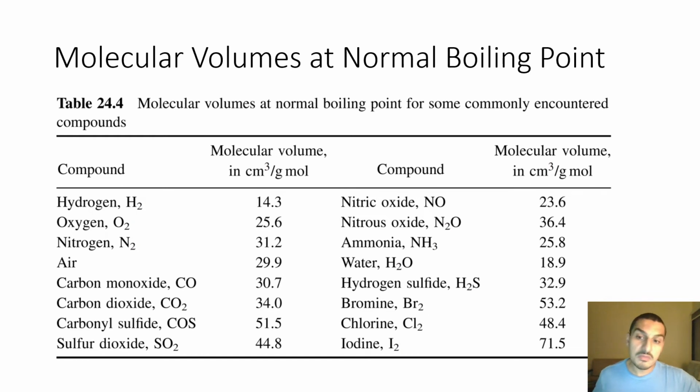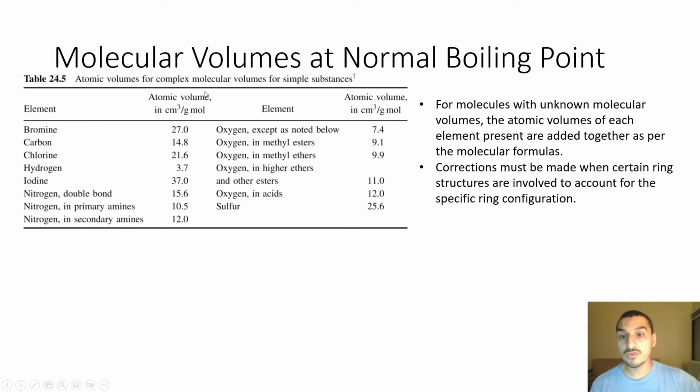So maybe you have a compound that is not listed in this table. If this is the case, you can estimate the molecular volume using the atomic volumes of the elements that form this molecule. So let's say you have bromine, carbon, chlorine, hydrogen, iodine, nitrogen, oxygen, and sulfur.